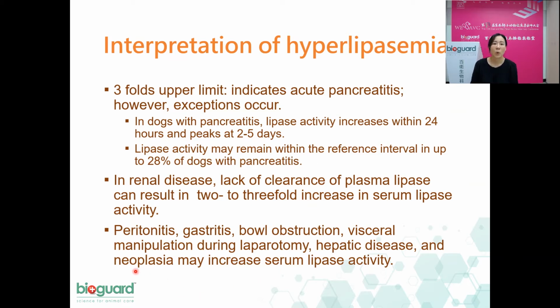Moreover, peritonitis, gastritis, bowel obstruction, visceral manipulation during laparotomy, hepatic disease, or even neoplasia, there are many diseases that will increase serum lipase activity. So that means we cannot use only one lipase enzyme to help us diagnose pancreatitis.